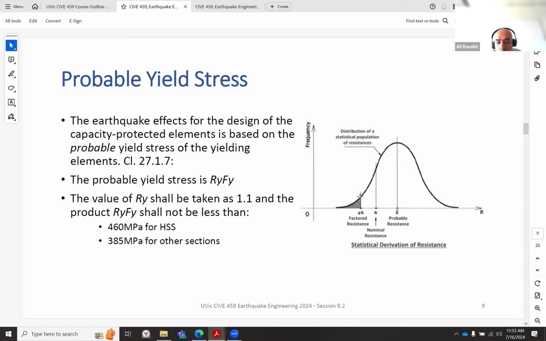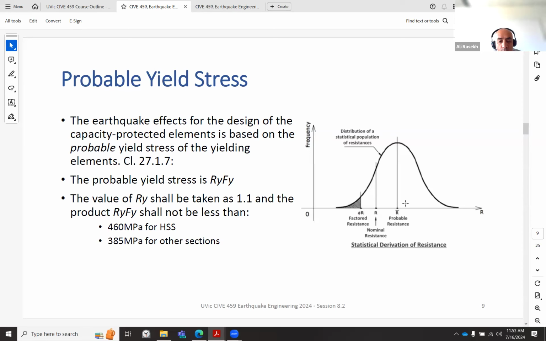So basically, typical structural engineering design is based on a value which is quite a bit lower than the probable resistance. However, it is very probable, or there is a 50% probability, that the member really shows this much resistance, which is the probable resistance. And we want to estimate the probable resistance for capacity protection.